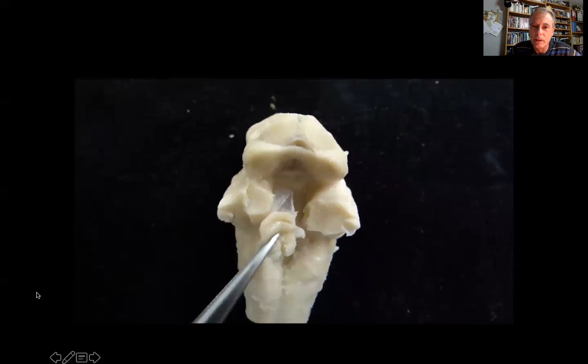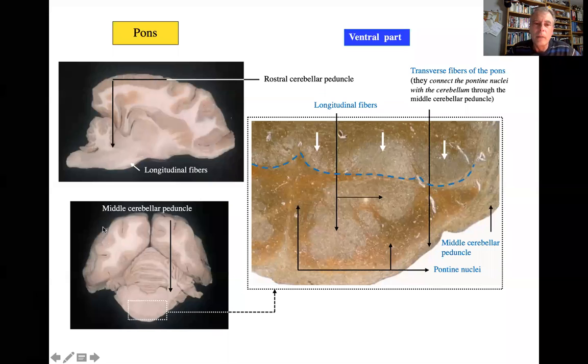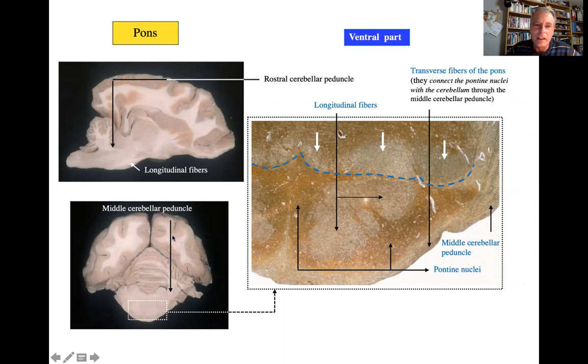Okay. So we still are in the pons, okay? This is a sagittal section where you see transverse sections. What I want you to point out is the ventral portion of the pons right here, because we have talked about that, remember, right?